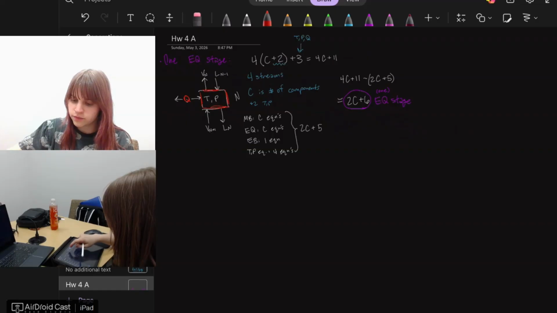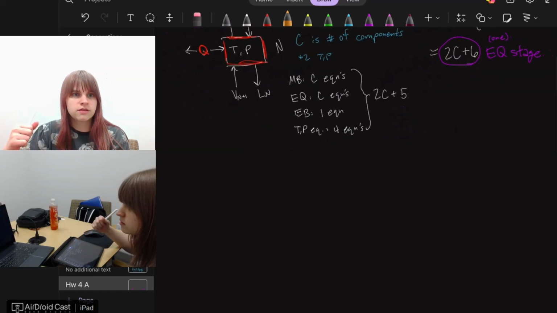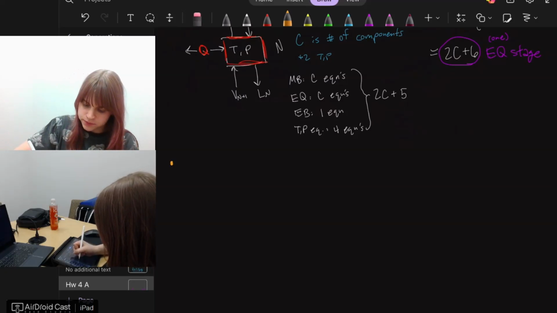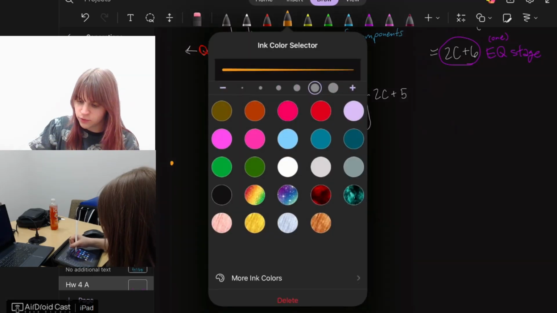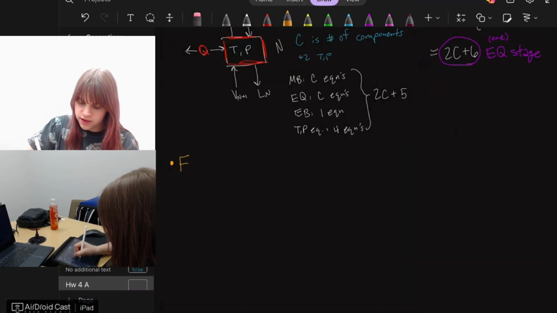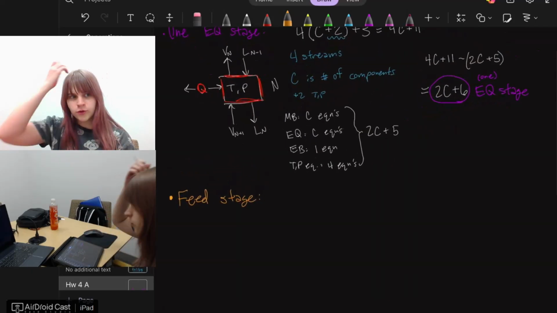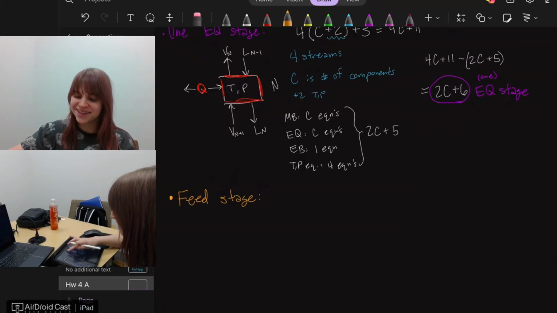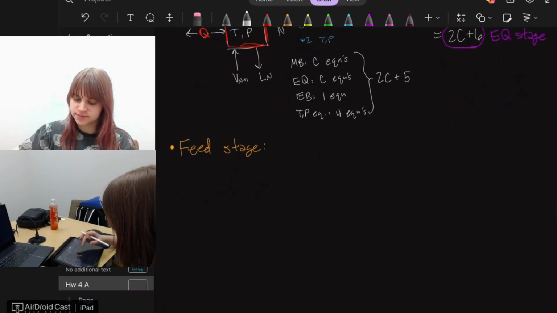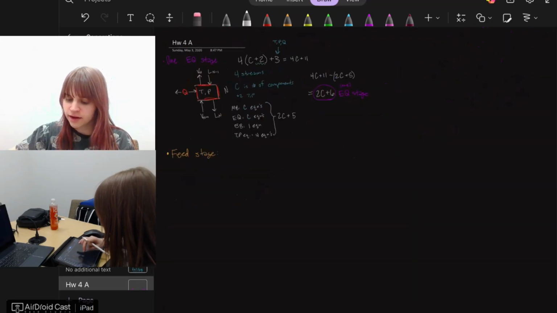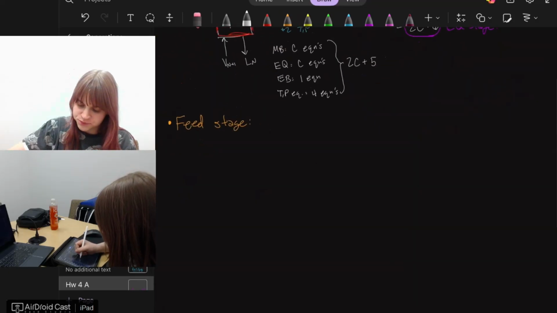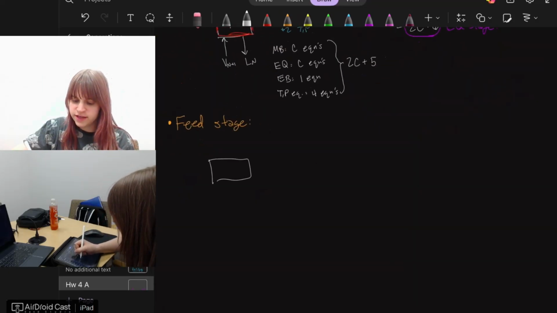Next, what was next was the feed stage. I'm trying to stay in the same order. So feed stage, again, trying to make this look the same way as above. This time we have a feed going in.